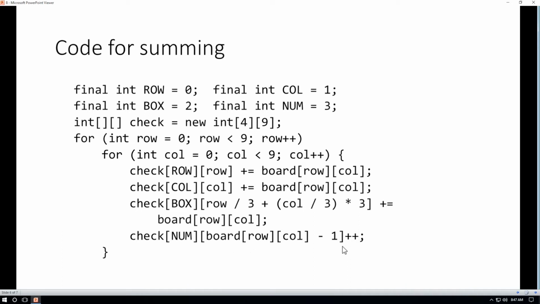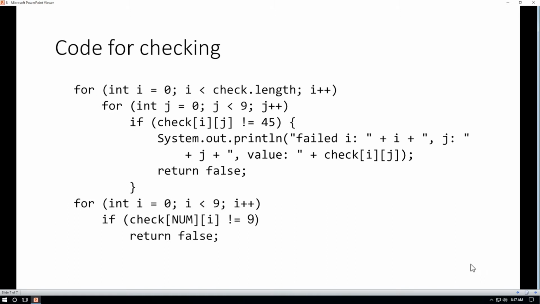Then we increment the count for that value so that in the end, when we check, we just make sure that the row array has each cell with the value of 45. The column array has each cell with value 45. The box array has each cell with value 45. And finally, the digit array has each cell with a value of 9 in it, meaning that all 9 values showed up 9 times.